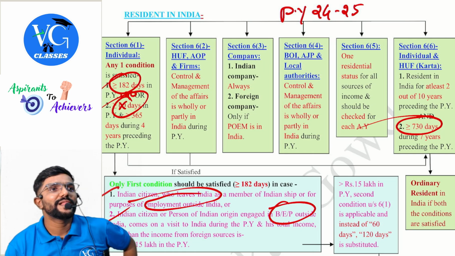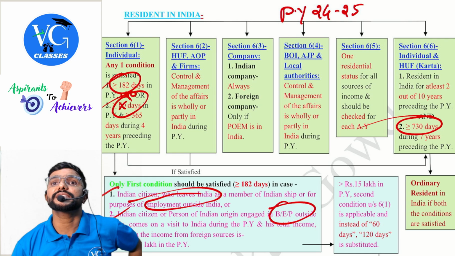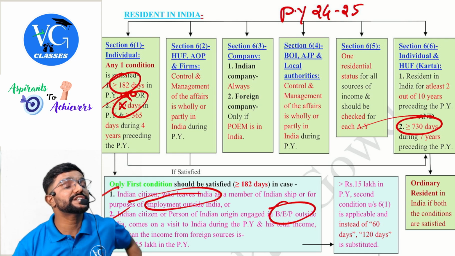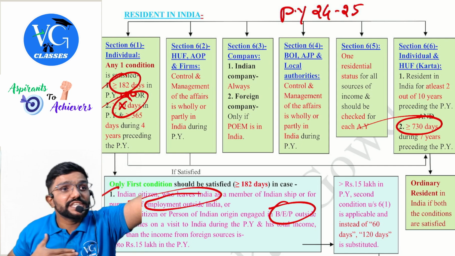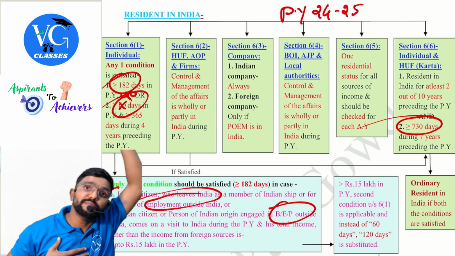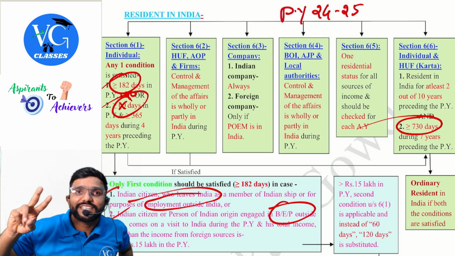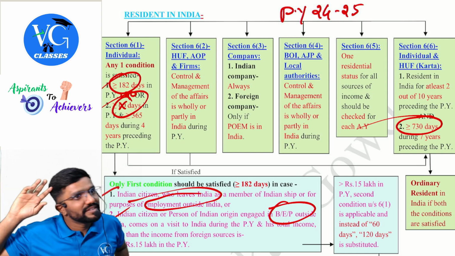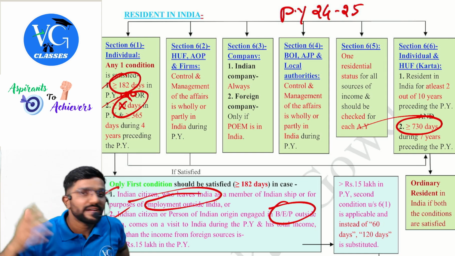Now for HUF, they said if Karta satisfies both conditions given under section 6.6, the residential status of HUF is ordinary. If I check the conditions under section 6.6, am I satisfying both? Yes, because I was completely in India in the past. So resident in 2 years out of 10 years is taken care of. 730 days or more during the 7 years preceding the previous year is taken care of.